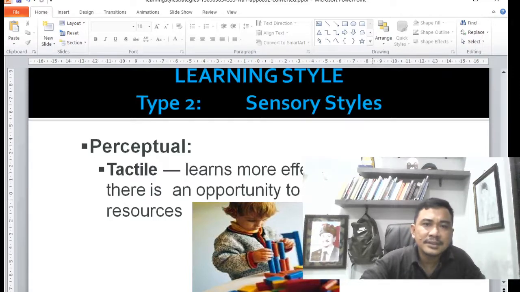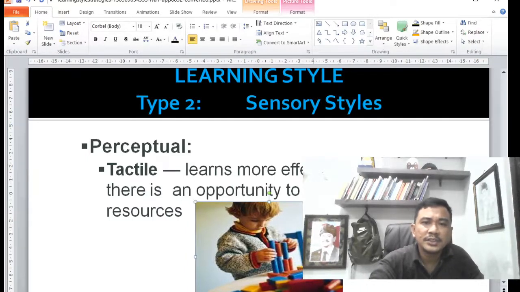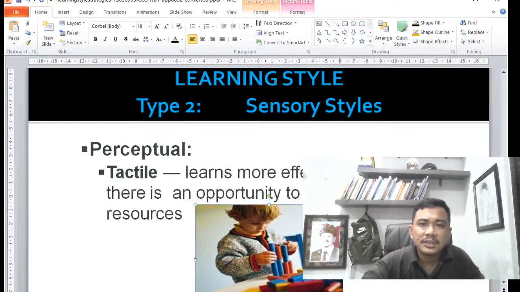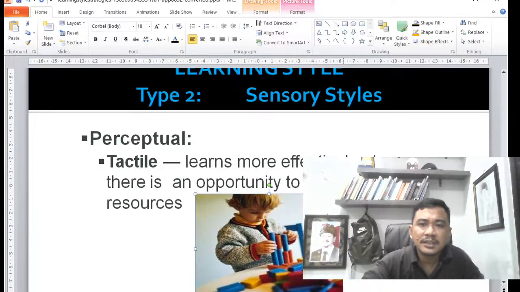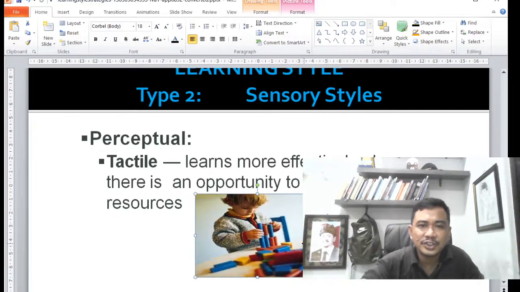The other thing in type two sensory styles is tactile, learns more effectively when there is opportunity to use manipulative resources. This kind of learner wants to engage.